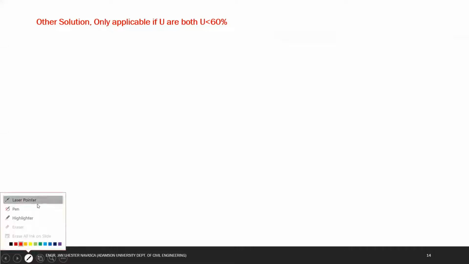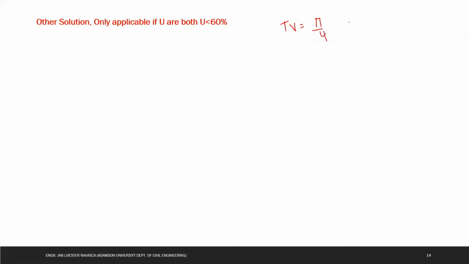Moreover, taking another solution, it is only applicable if our degree of consolidation U is less than 60%. This derivation is only for degree of consolidation that is less than 60%. In the previous lecture, the formula for T sub V is pi over 4 U squared.